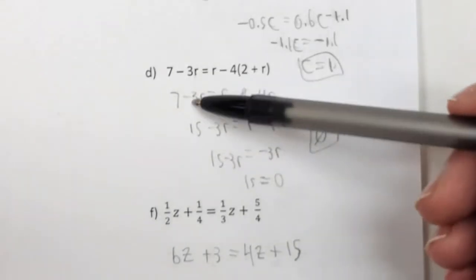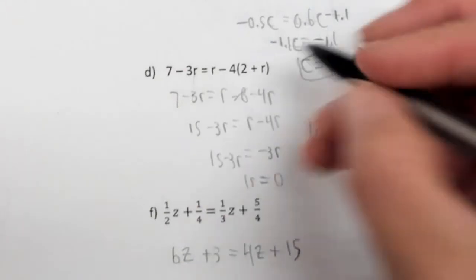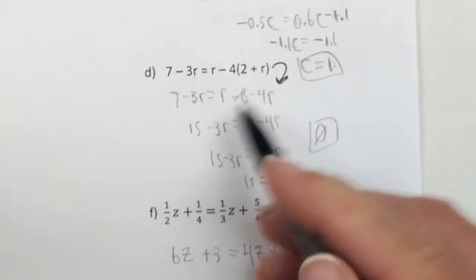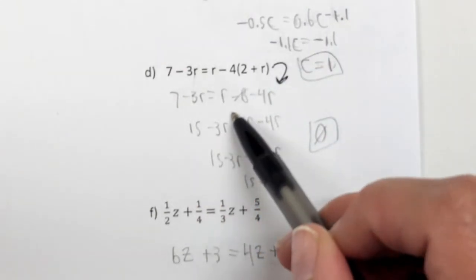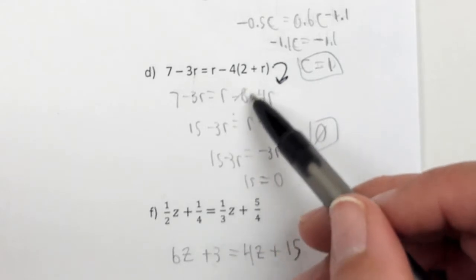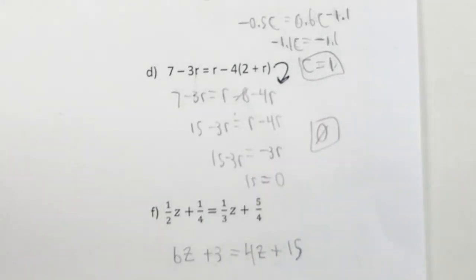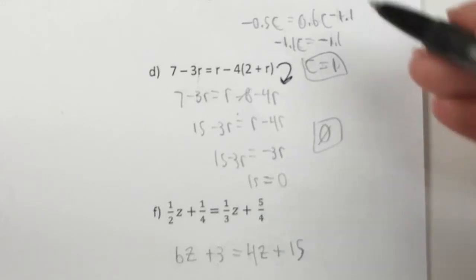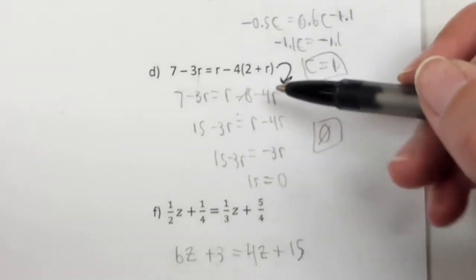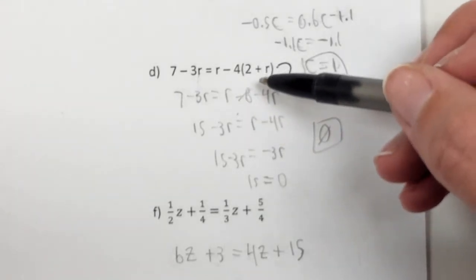From here to here, he just brought this down. Tell me if from here to here is correct, okay? He brought down the R, it looks like. Alright, so from here to here, what'd you do? Minus 4, and got what?